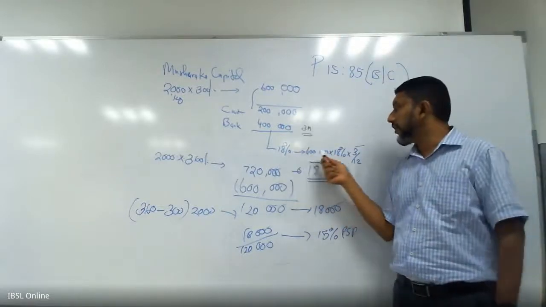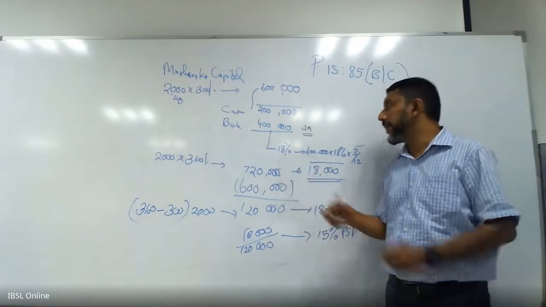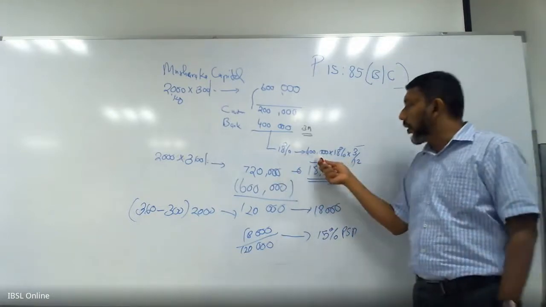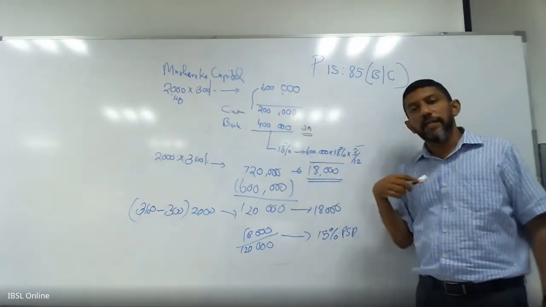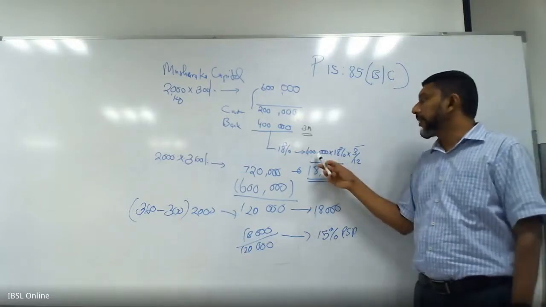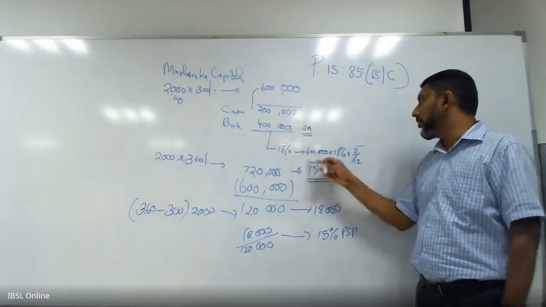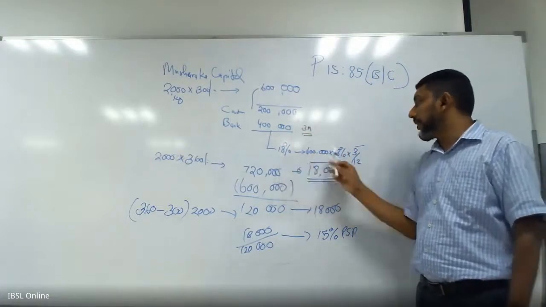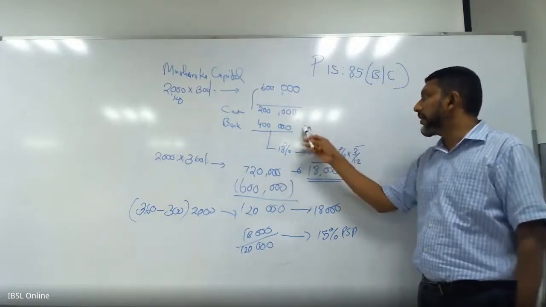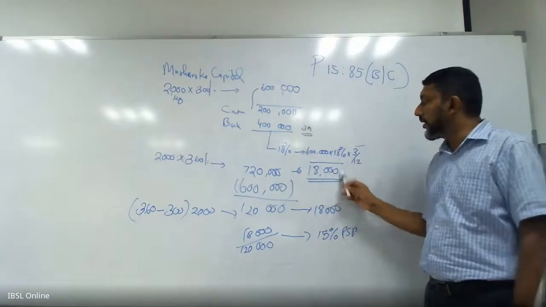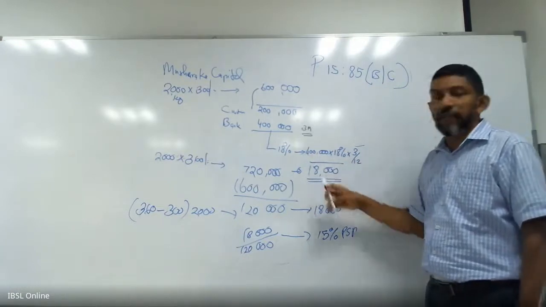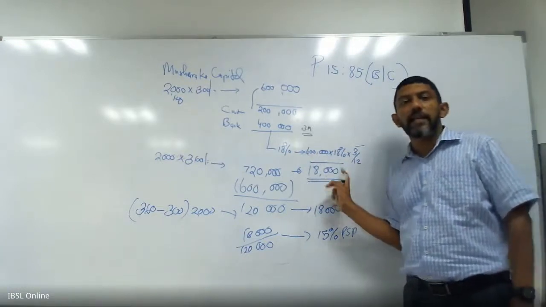Our funding amount is 400,000, the expected rate is 18%, and the tenor is 3 months. We arrived at the total profit the bank will be expecting: 18,000 rupees.